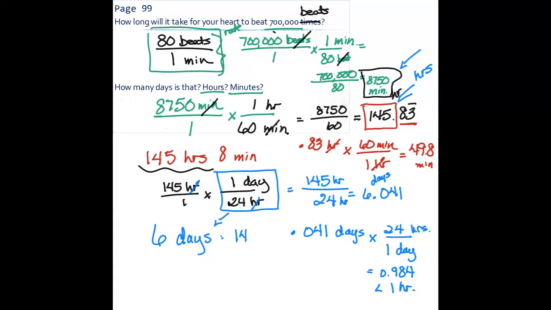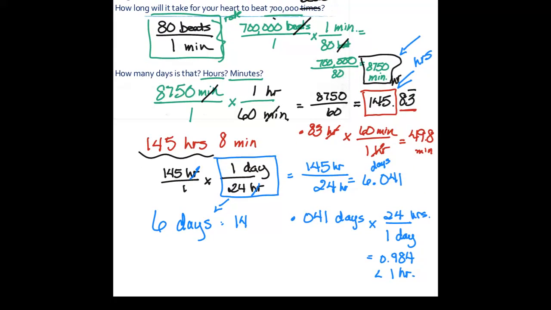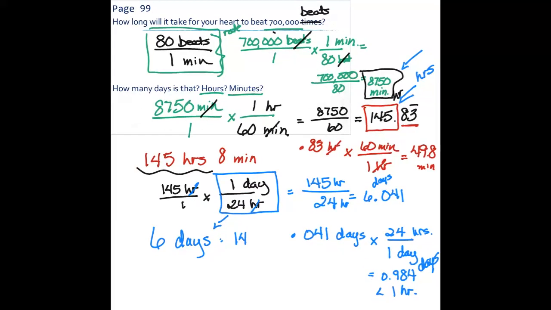But this didn't quite work out like I wanted. But we would need to take 0.984, and that's the number of days. So it's a little bit more complicated if you try to go straight to the number of full days, the number of remaining hours, and the number of remaining minutes. Okay? All right.